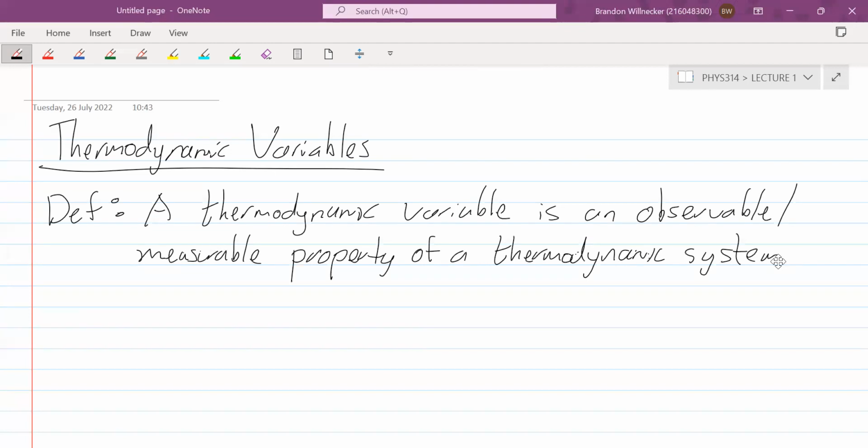As we see here, we are going to be adding more and more stuff as we go through. So we know what a thermodynamic system is now. Given a thermodynamic system, the observables of the system are called thermodynamic variables. That can be things like pressure, density, temperature, energy density, mass, number of particles, anything like that. Anything observable of the system, we call that a thermodynamic variable.